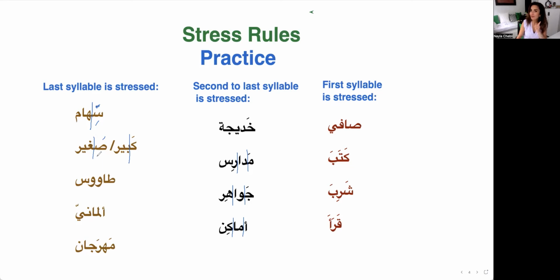Saghir means small. Taus. Ta is the first one. Taus. Taus is a super heavy syllable, so that's where my stress lies. Taus means a peacock.